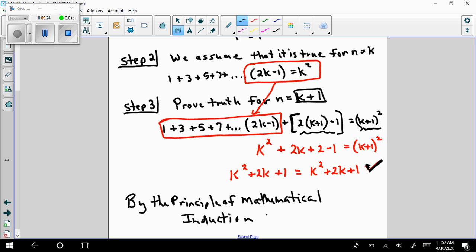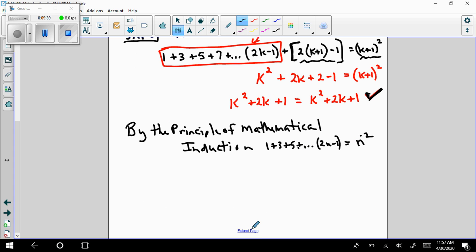We can say that 1 plus 3 plus 5 plus, the original statement 2n minus 1 equals n squared, is true for all natural numbers n.